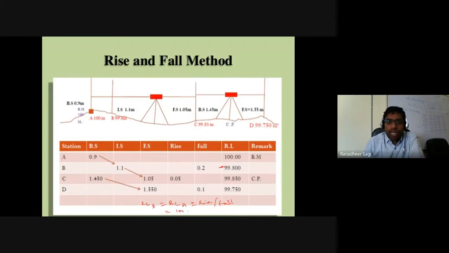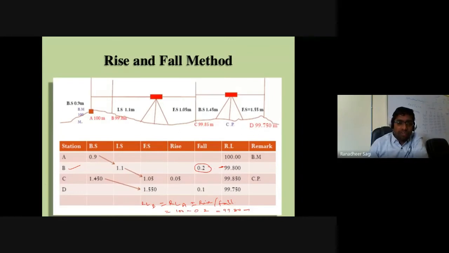Now whether I should write a plus value or minus value depends on whether I have got the point B data under fall or under rise. If I have that point B data under fall, then I have to subtract, because fall is negative, which we have already said. So minus 0.2, which gives me 99.80 meters. That's the RL value of point B.